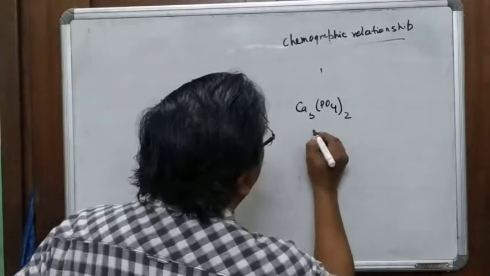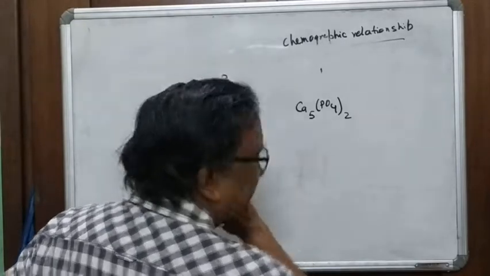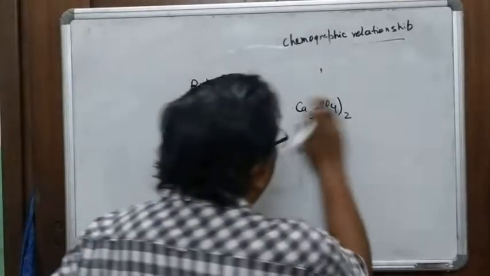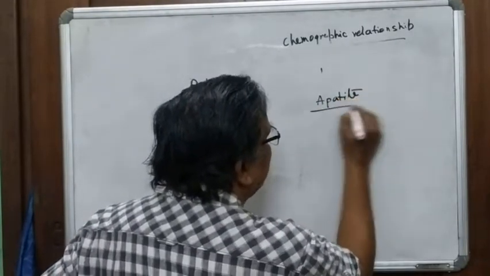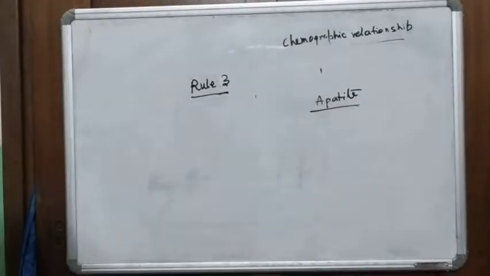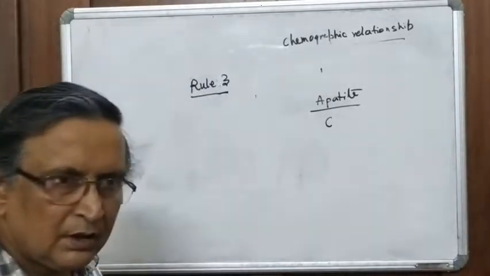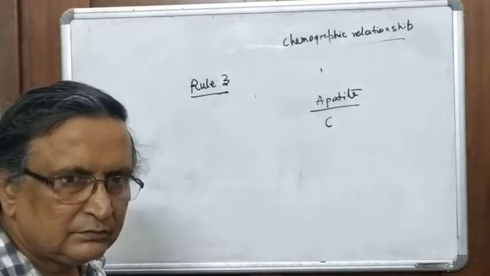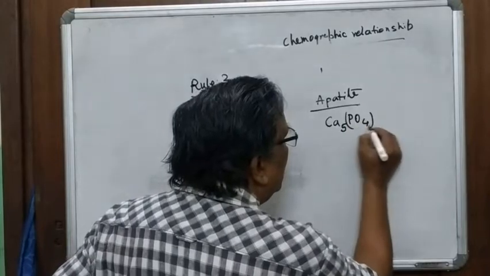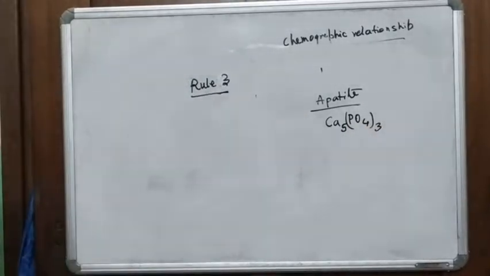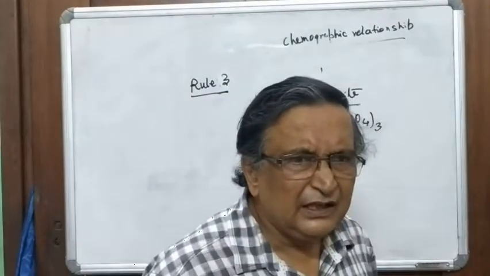Is this the right formula? Ca5(PO4)3, calcium valence is 2, and then you have F, Cl, OH. Ca5(PO4)3 with OH, F and Cl. Yeah, it doesn't matter.